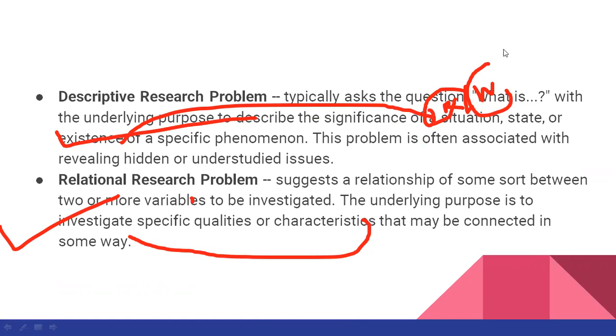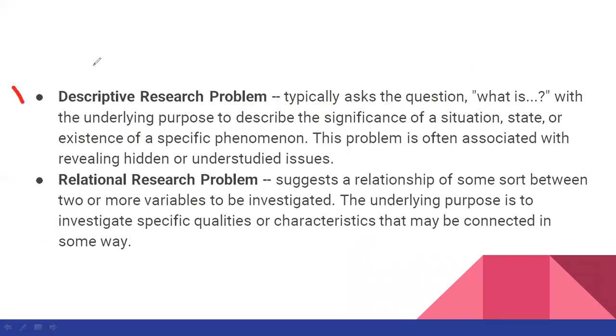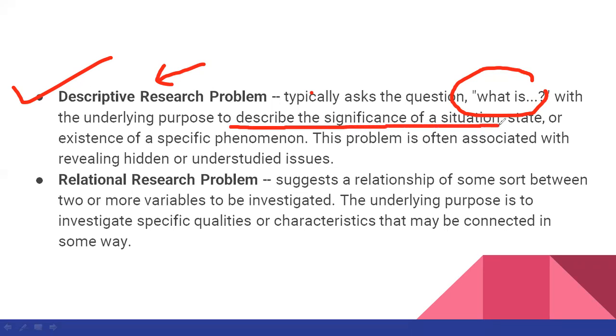Then the descriptive research problem. Let me clarify this. A descriptive research problem typically asks the question, what is? If some problem is there regarding its existence, then you can say that research problem deals with descriptive things. It typically asks the question, what is, with the underlying purpose to describe the significance of a situation, state, or existence of a specific phenomenon.